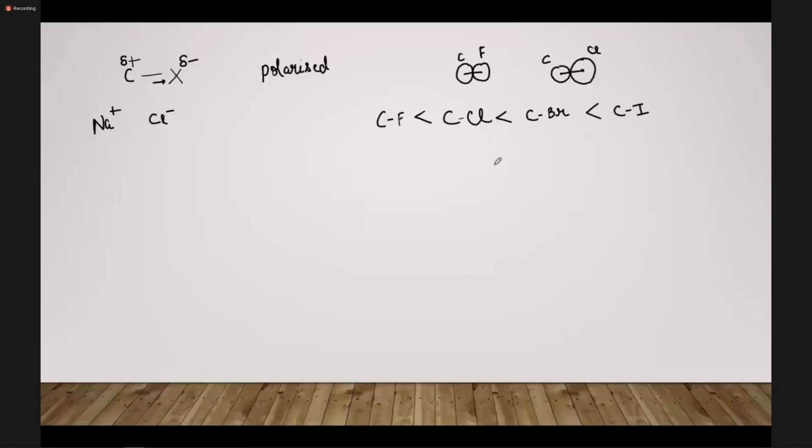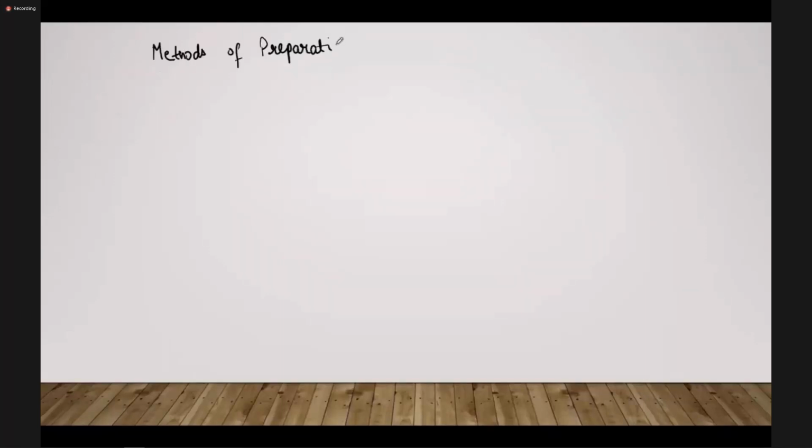Now we would like to move to the second topic for today, and that is the method of preparation of haloalkanes. So there are many ways by which we can prepare haloalkanes. The first one is from alcohols. From alcohols also, there are three ways that are mainly followed.